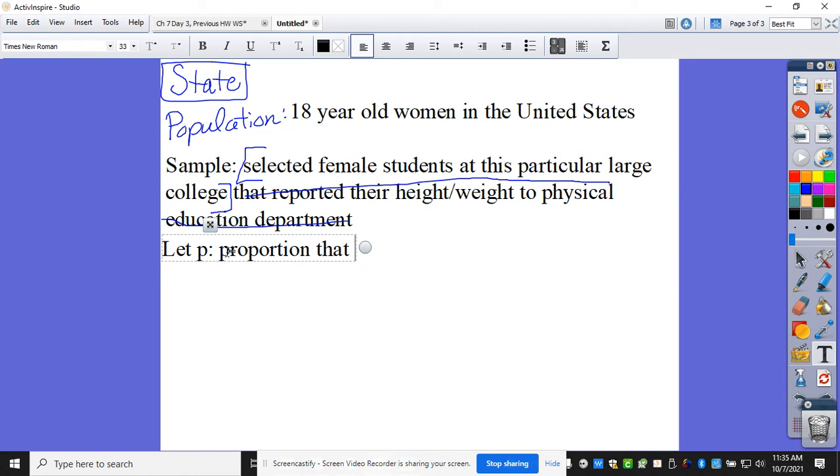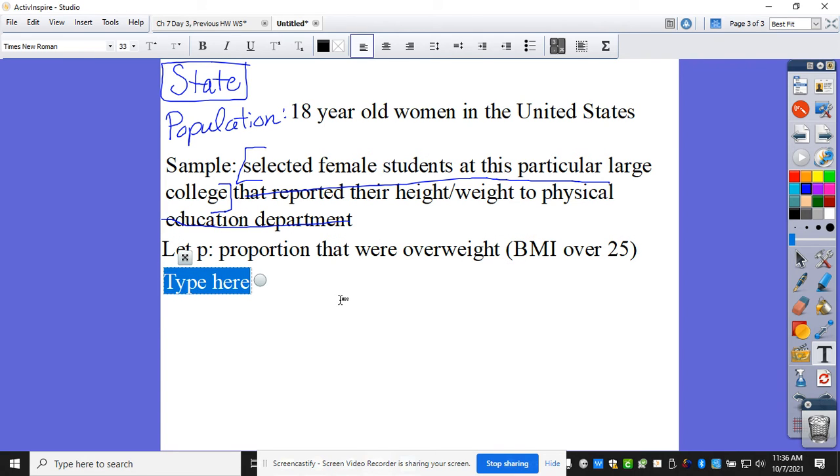Or proportion that what? Because then I could put together the two things I've defined and say P is proportion that are overweight of who. Well, I've already written what my population is, so I don't technically have to write that twice. But I think probably all my answer keys that I'll post have it written with that as well.